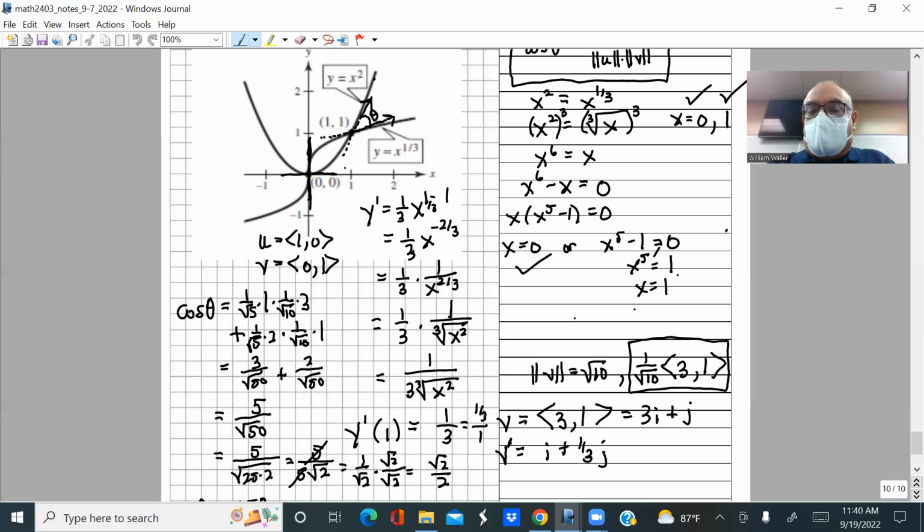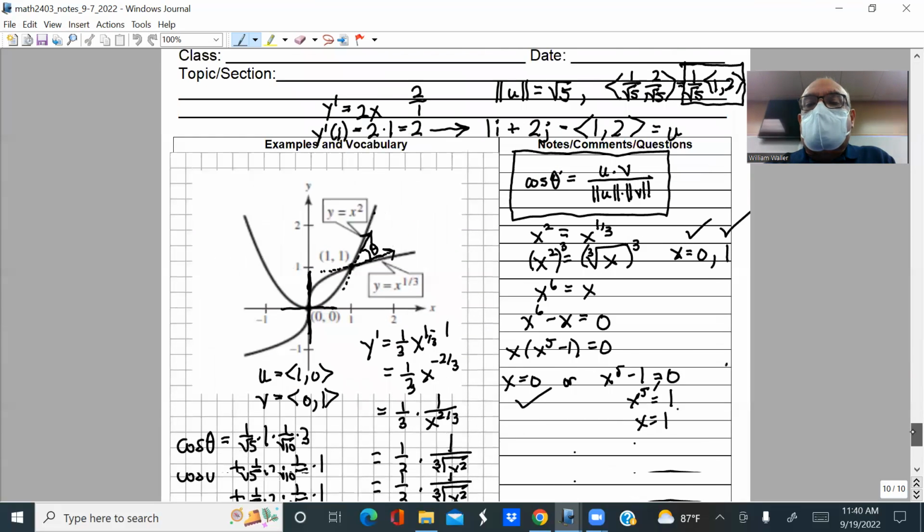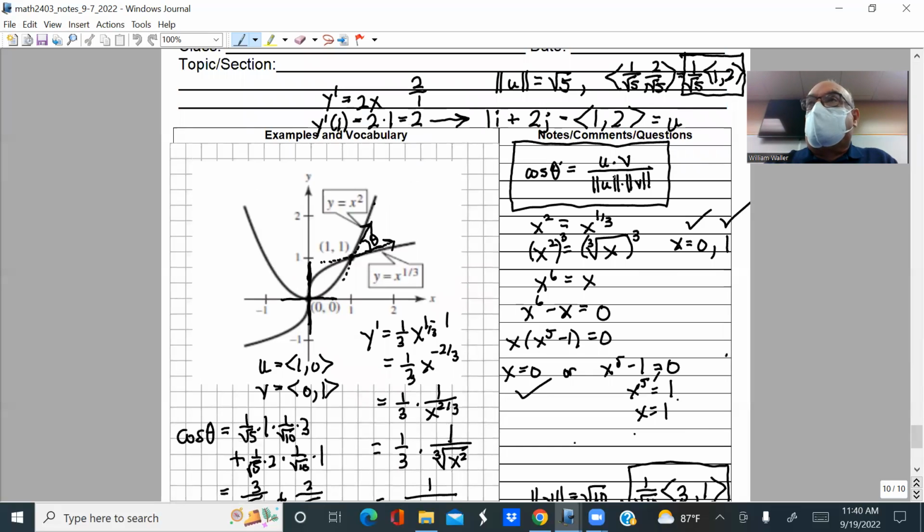So if we want to use the same variable names that are in the formula, we could call it u equals i. That's the vector that matches the tangent line here, right?